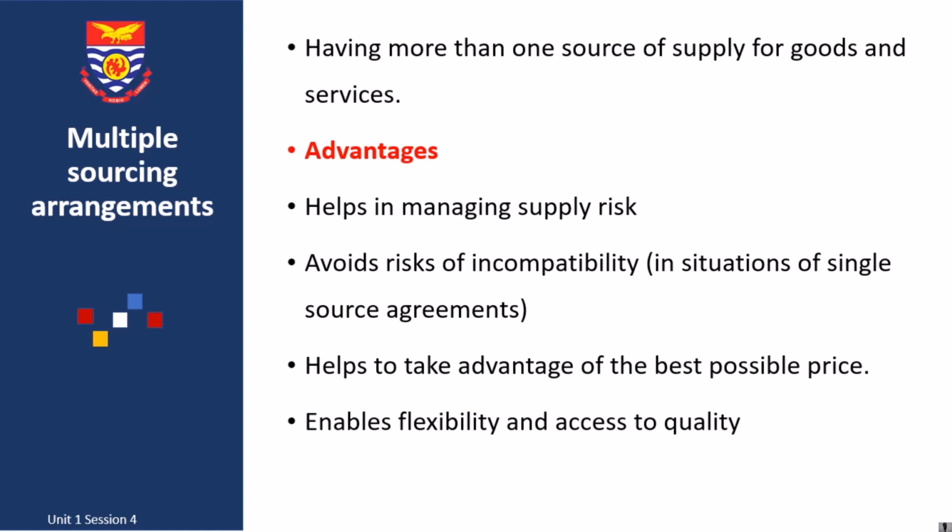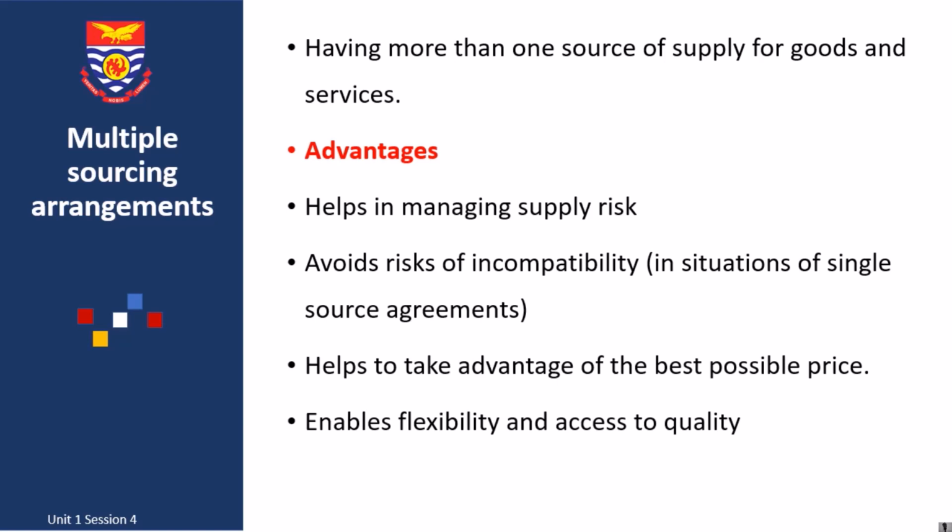For instance, in single sourcing, where you decide to focus your relationship on a single supplier, you might fail when you have incompatible systems and processes in place. But this is an advantage in multiple sourcing, because in the end you don't have a single obligation towards a single supplier.